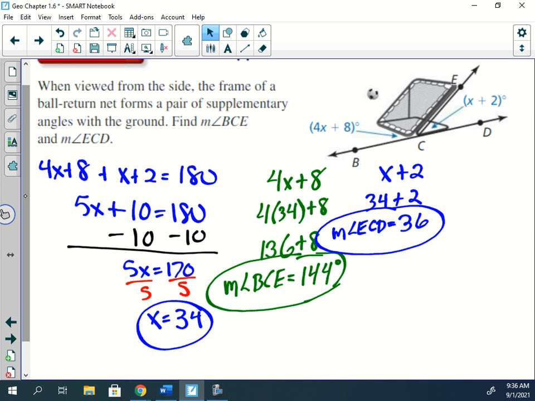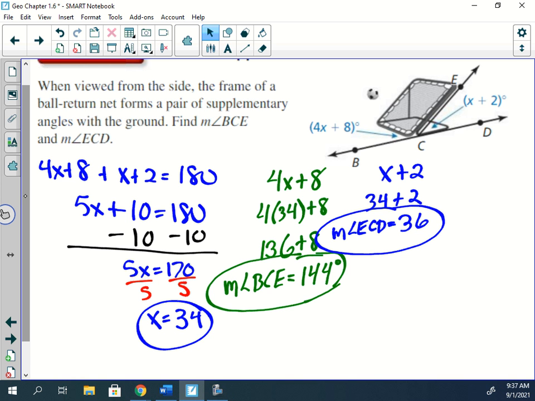I saw the confused look on your face, and I knew something was wrong up here. So 144. Another way we can check is that these two should add together to be 180. So 36 and 148 was not going to give us 180, because I needed a 4 with that 6. 6 plus 4 is 10, so 0, carry the 1. 3, 4, and 1 give us 8, and we have our 1. So that would be 180. So this here would be the correct answer.